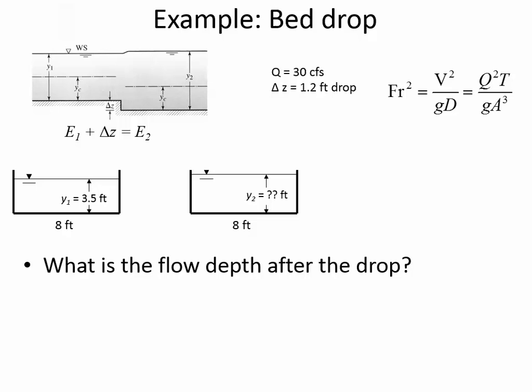And in this case, I can find out what V1 is. It's Q divided by A1. So the velocity is going to be 30 cubic feet per second divided by 28 square feet. My velocity is 1.071 feet per second.